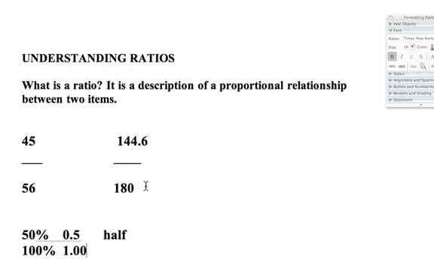There's your 100. We could put another decimal here. So this would be representing all of your sample.